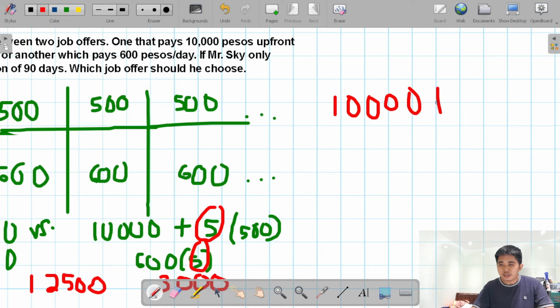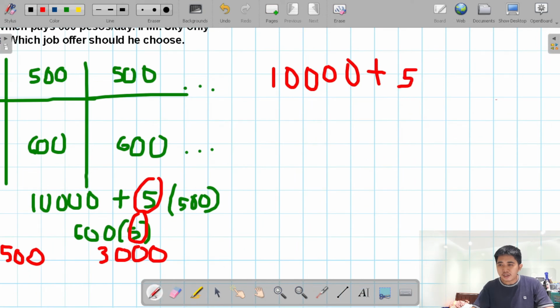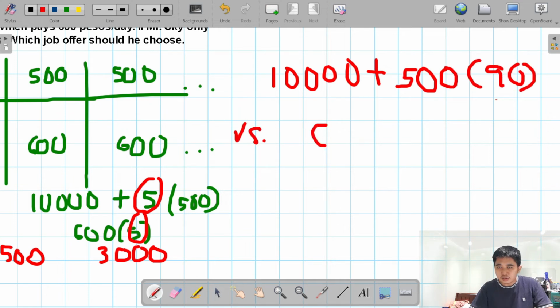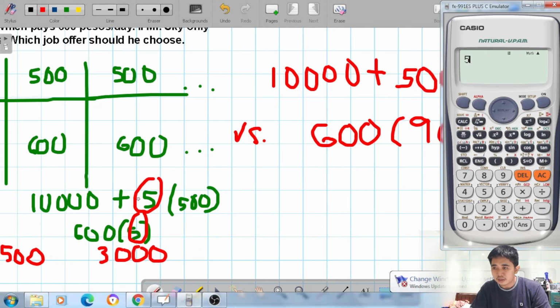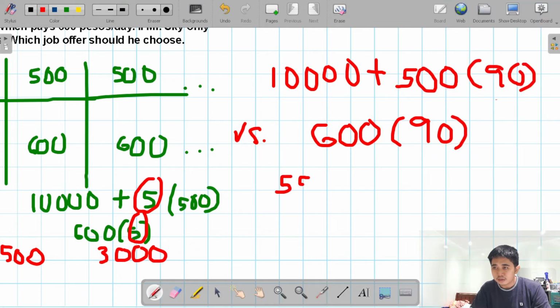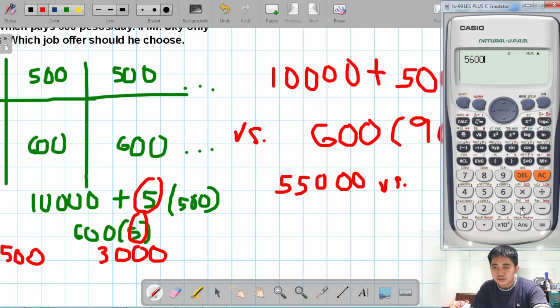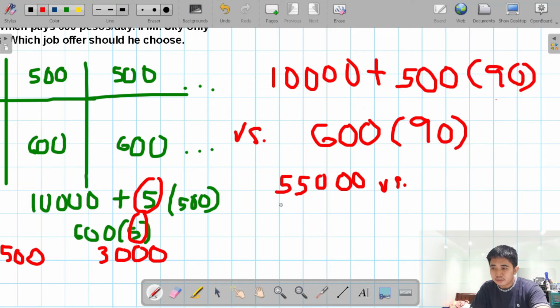For the first option, it's 10,000 from the upfront value plus 500 times 90, versus 600 times 90. 10,000 plus 500 times 90 days is 55,000, versus 600 times 90, which is 54,000.